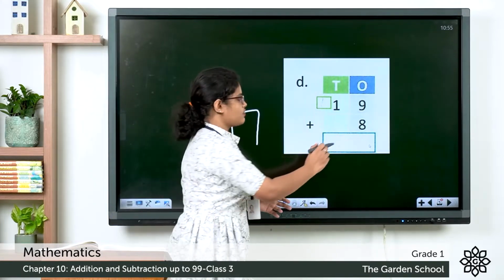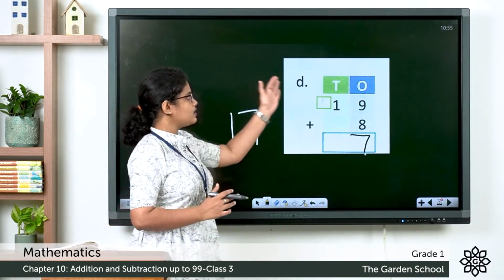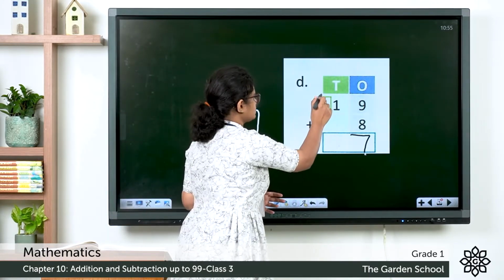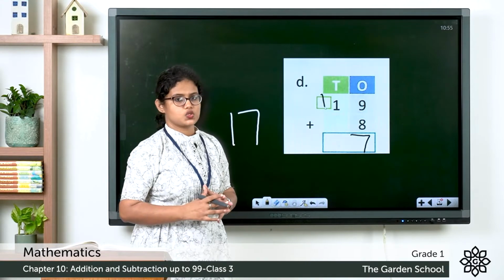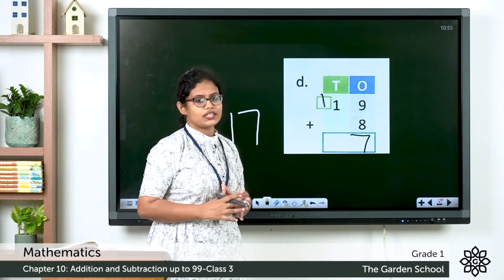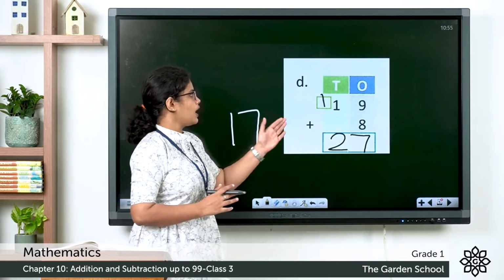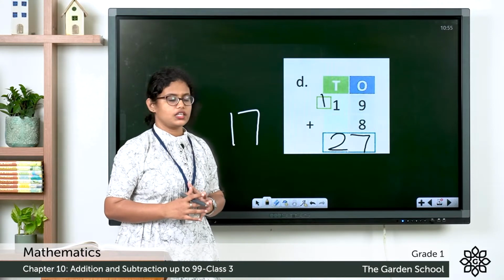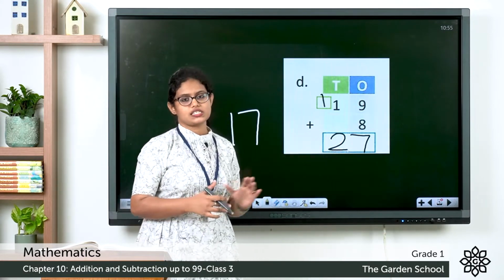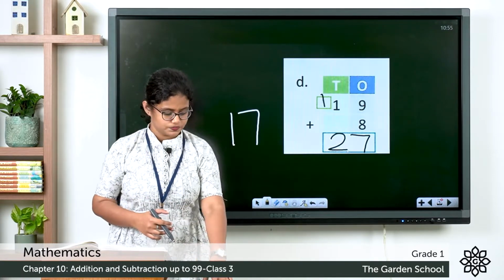So we write 7 in the ones place, and we carry over this 1 ten to the tens place. So we write 1 here. We have 1 ten plus 1 ten. It makes 2 tens. So let's write 2 here. 19 plus 8 gives you 27. This is how you need to do this.